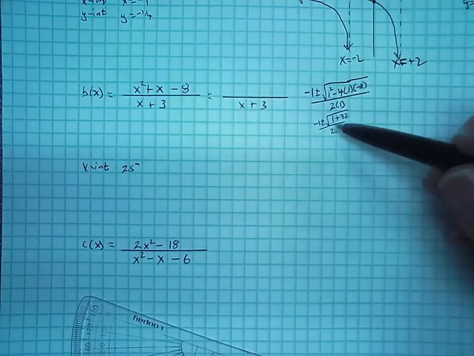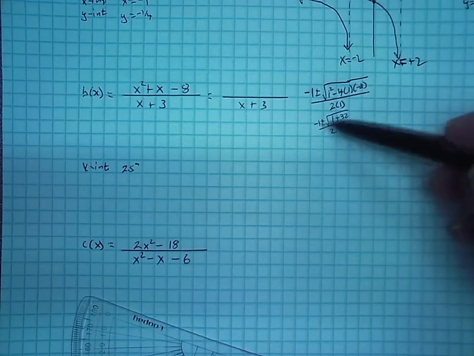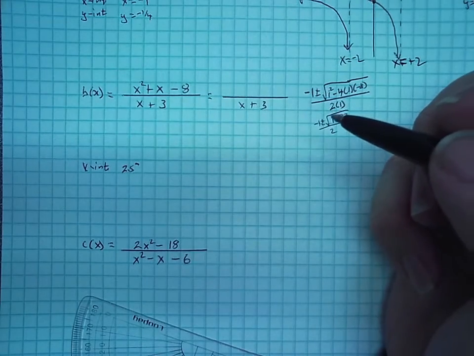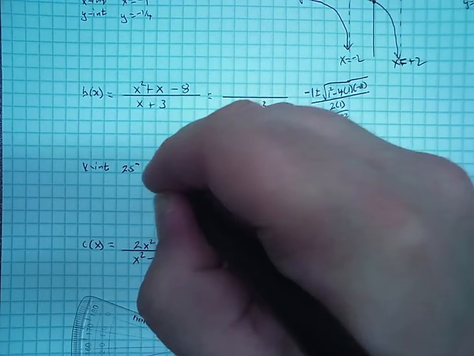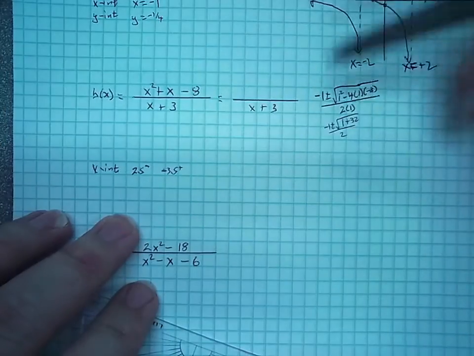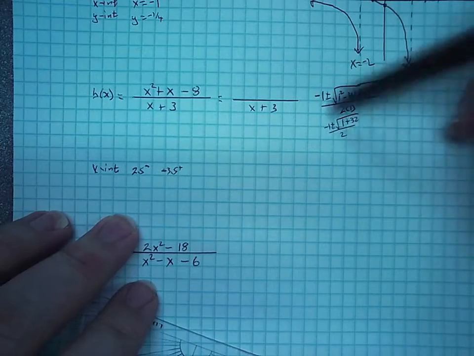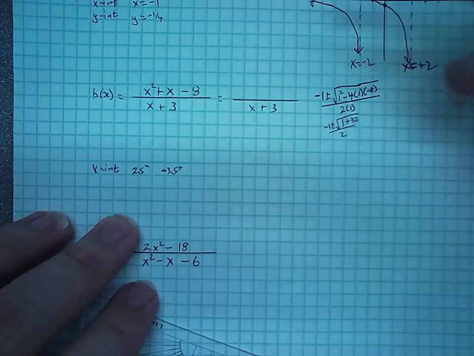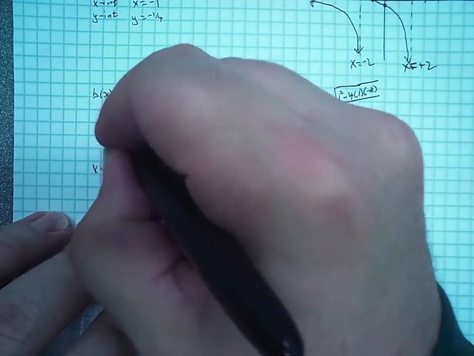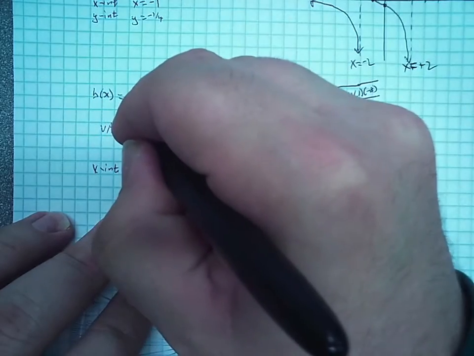And then the other one, negative 1 minus 6 would be negative 7. It's going to be a little bit to the right of negative 3.5. Okay. So there, I'm going to approximate them. You could get a decimal from your calculator as well. You don't have to do those by hand. The vertical asymptote is going to be at negative 3.